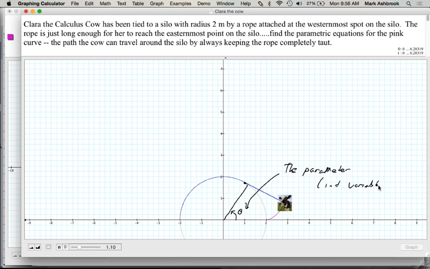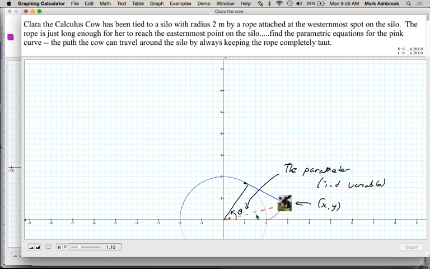So the first thing you're going to do, which is a huge part of this, is find the position of Clara, x, y coordinates, parametrically as a function of that angle theta. So what is the x-coordinate of Clara and what's the y-coordinate of Clara? Be sure you know, it's not the angle from the center to Clara.